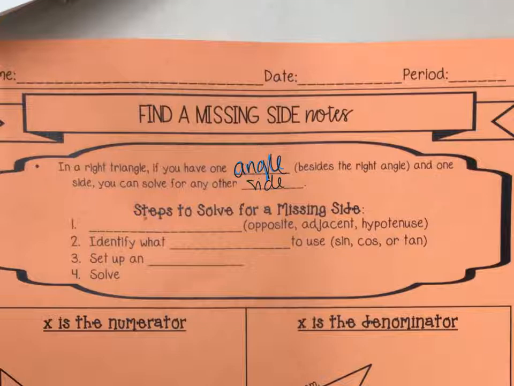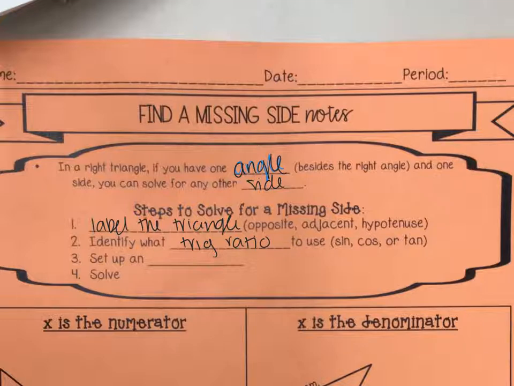So number one, we label the triangle. We're going to label it opposite, adjacent, and hypotenuse. Now remember, opposite and adjacent depend on where my reference angle's at, right? Then we identify what trig ratio to use.